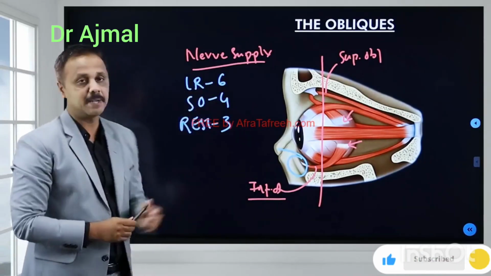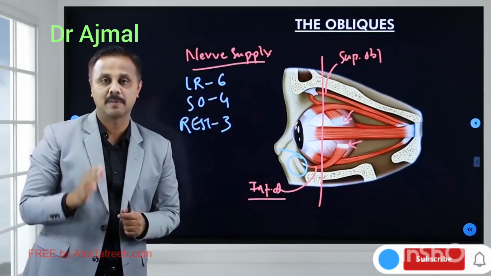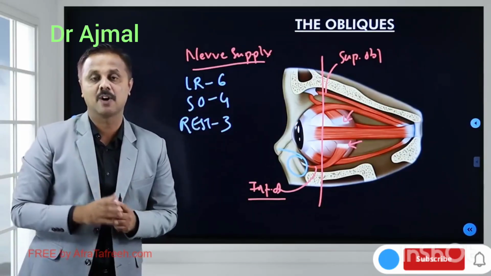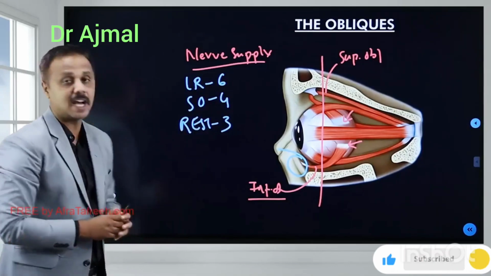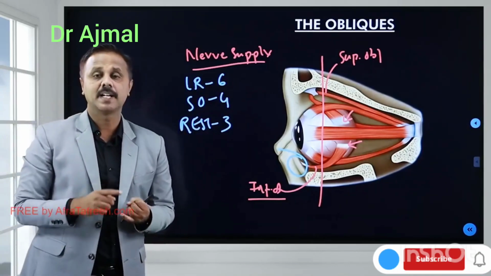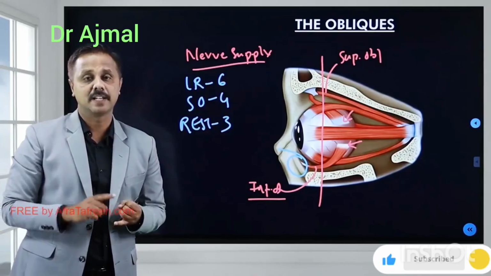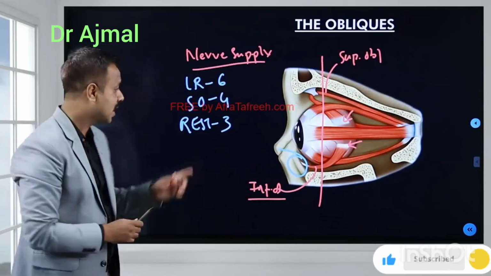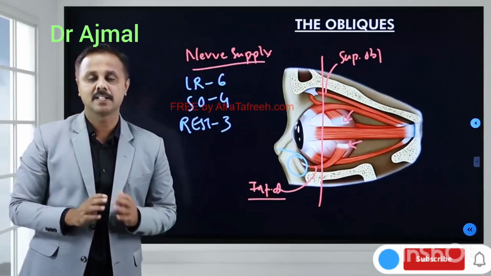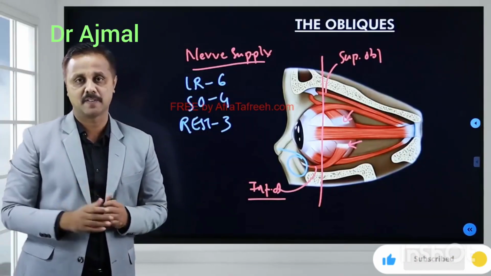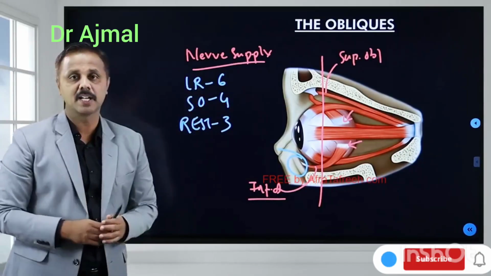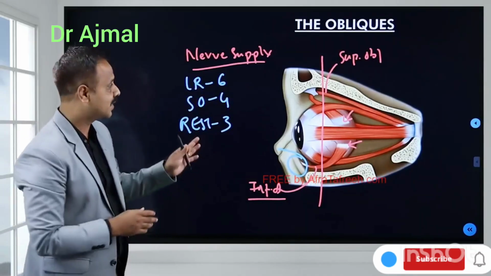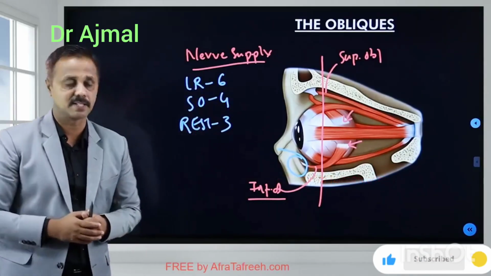Lateral rectus is supplied by the 6th cranial nerve or abducent nerve. Superior oblique is supplied by the 4th cranial nerve or trochlear nerve. And then we have all other muscles, let it be the medial rectus, inferior rectus, superior rectus, or even levator palpebrae superioris. All are supplied by the 3rd cranial nerve, that is oculomotor nerve. So please remember this mnemonic to remember the innervation of the extraocular muscles. This is regarding the innervation of extraocular muscles.